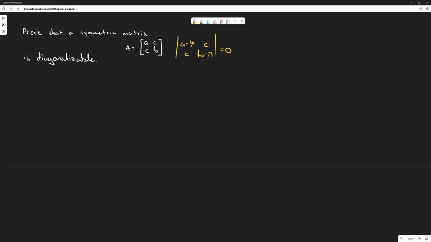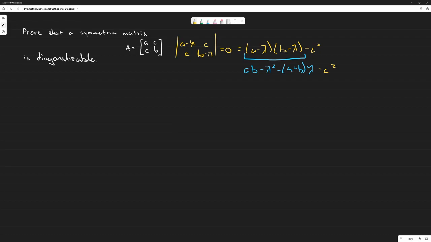We expand that to a minus lambda times b minus lambda minus c squared. Now I'm going to expand this portion here, so we get ab minus (a plus b) times lambda plus lambda squared. Bring down the c squared, so it's minus c squared.